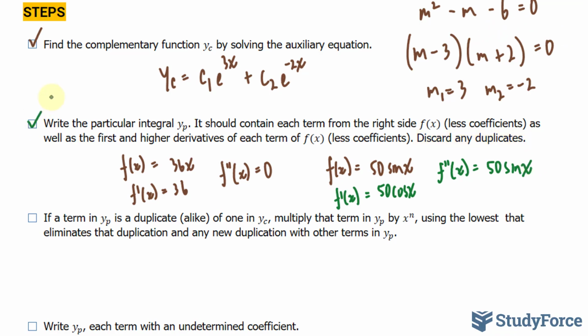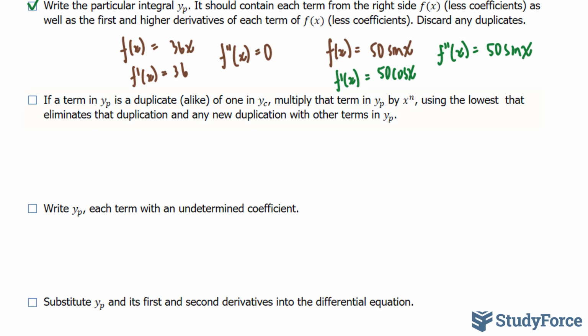Let's move on to step number 3. Step number 3 says, if a term in y subscript p is a duplicate, alike, of one in y subscript c, multiply that term in yp by x to the power of n, using the lowest n that eliminates that duplication and any new duplications with other terms in yp.